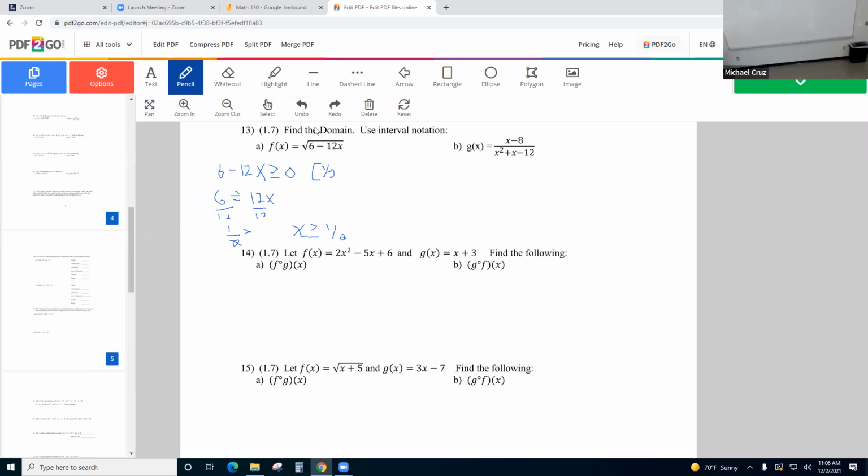Let me check something. I just thought of something here, because I got it backwards. I just want to double check. Okay, so that's right. When these things are backwards, they can be a little bit confusing.